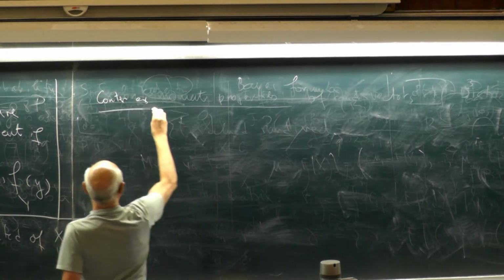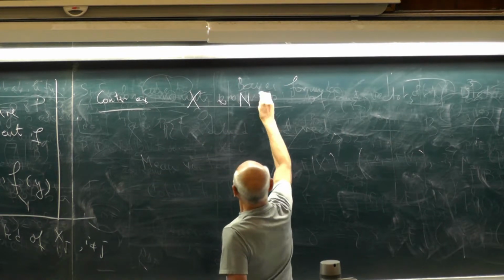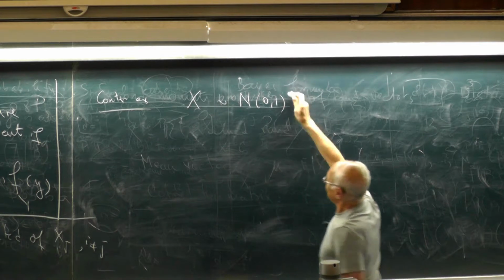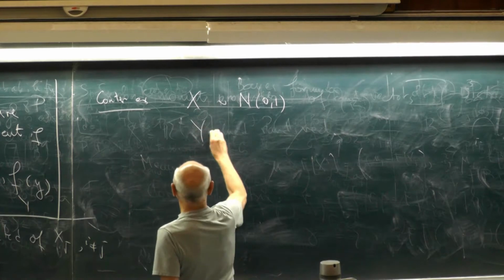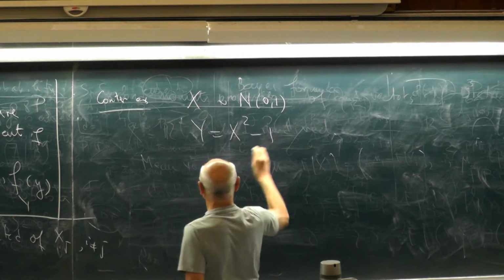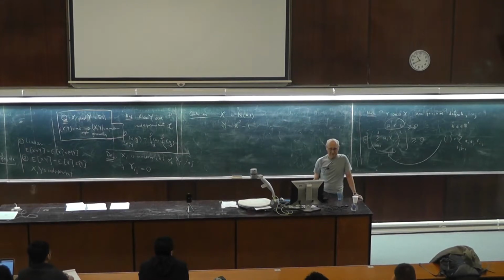So counterexample. X, I know that I can use it, although I didn't define it formally. That is, X is Gaussian with 0 mean and unit variance. And Y is X squared minus 1. Right?